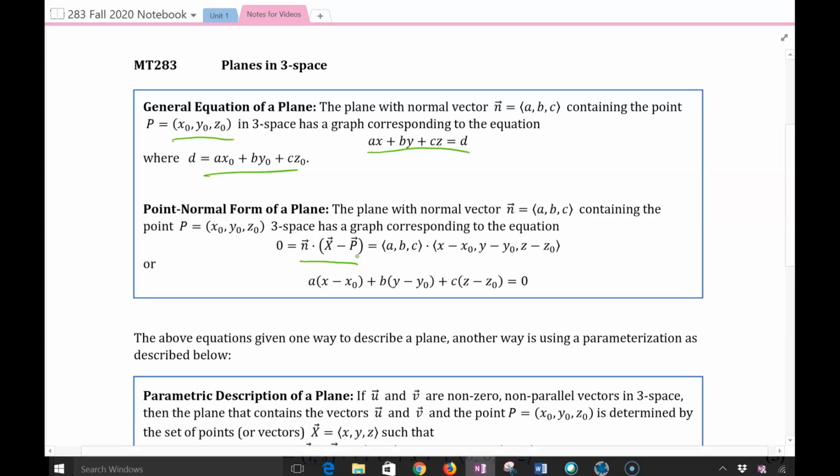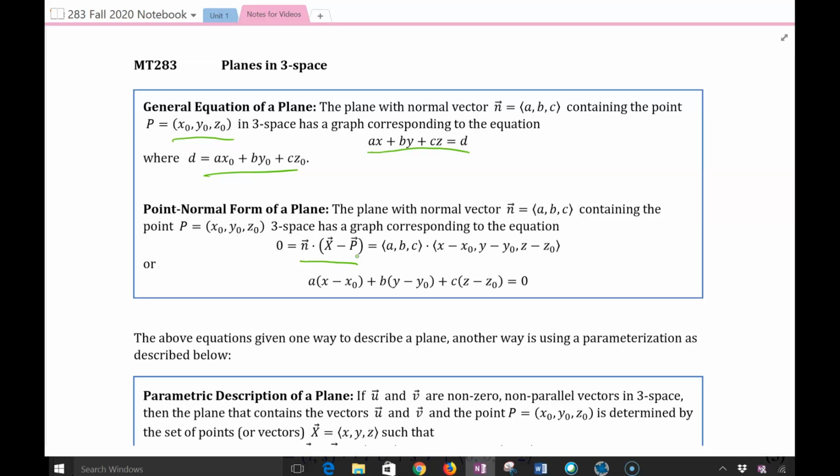So if you take a general point x that lies in the plane, and you look at the difference between that point and the vector p, that will be a vector that lies in the plane. Well, if the vector x minus p lies in the plane, its dot product with the normal vector must be 0, because those vectors are perpendicular.